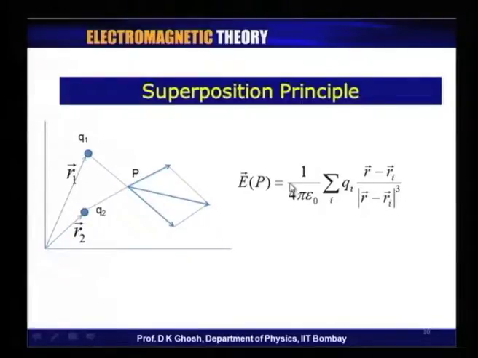This is known as the superposition principle. We assume that the superposition principle is valid for the electric field. That is, the effect of multiple charges is simply the linear sum of the effects due to individual charges. Fair enough?